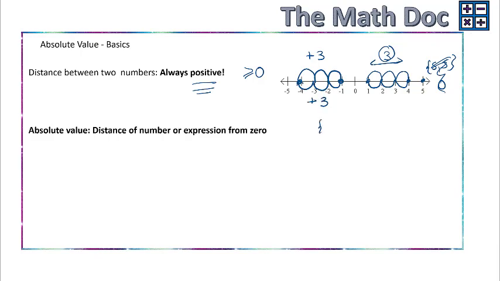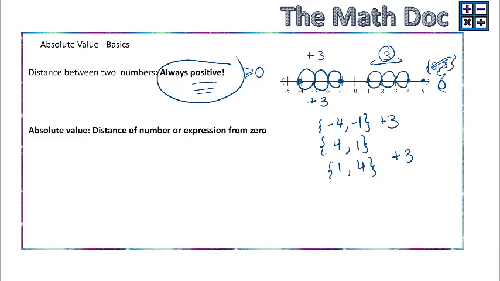So the distance between -4 and -1 is +3, just as the distance between +4 and 1 or +1 and 4 is +3. Okay, so it's very important to remember the distance is always positive.